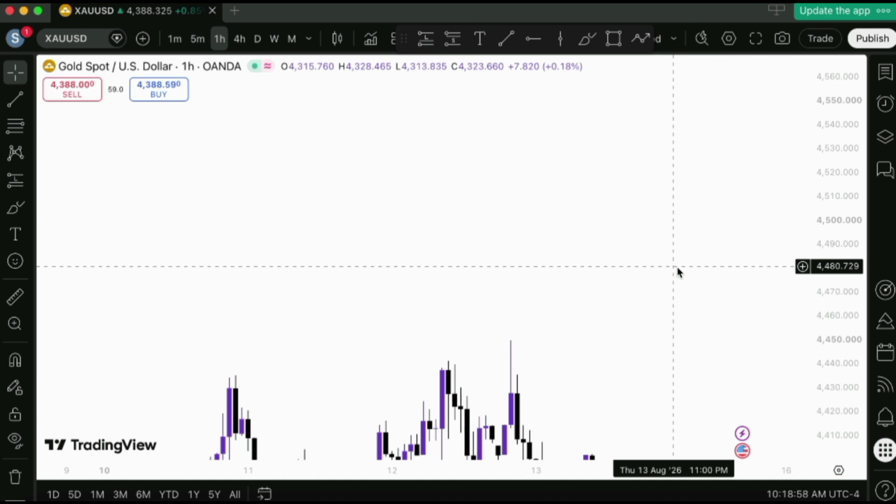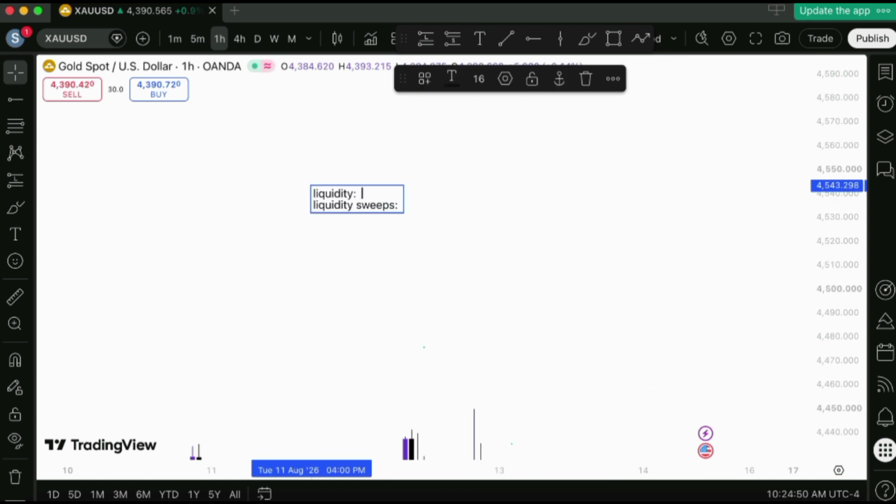Liquidity is basically where a lot of orders are resting, or you can say resting orders or pending orders, like obvious highs and lows. So liquidity is pending and resting orders. Yeah, it's that simple. But I'll explain later, on the real chart examples.